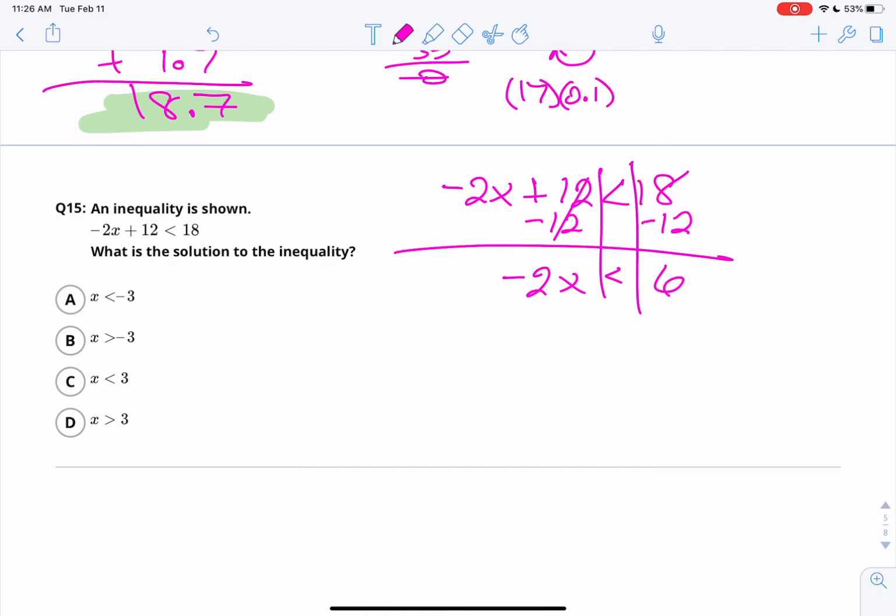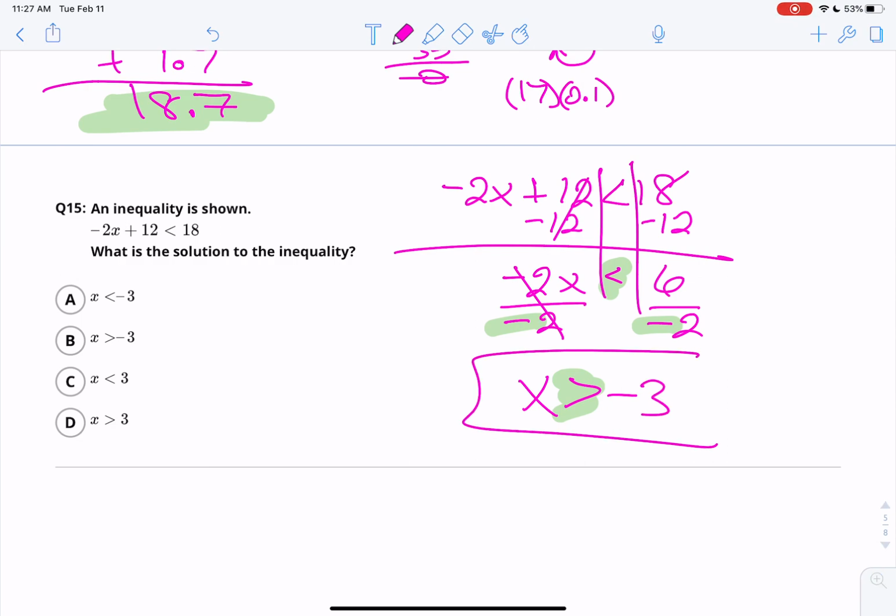We have -2 times x, so the opposite would be to divide by -2. These cancel out. We divided by a negative, so my sign is going to flip. Don't forget, your sign flips when you divide by a negative. A positive divided by a negative is a negative. 6 divided by 2 is 3, and we get x is greater than -3.